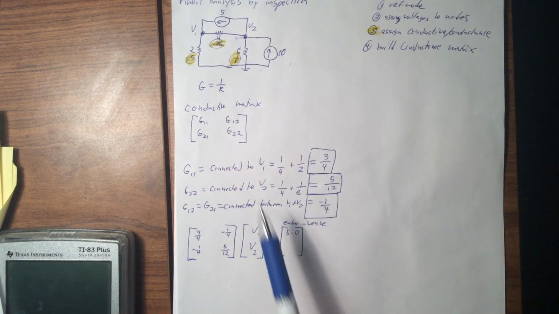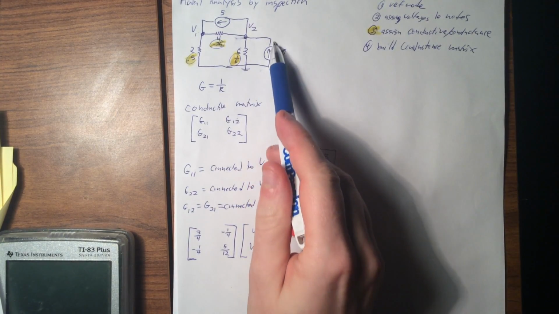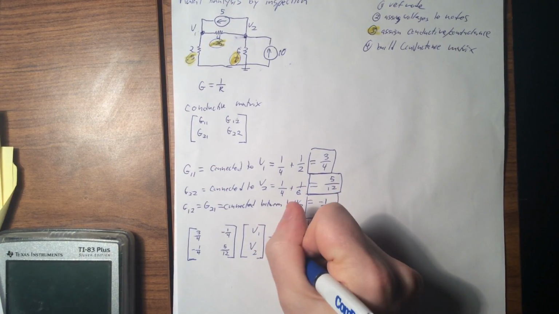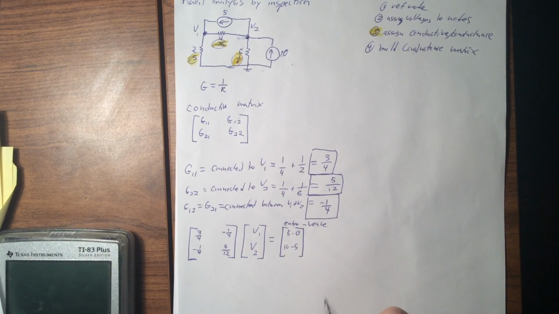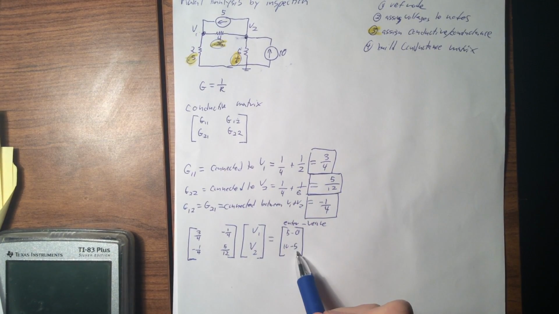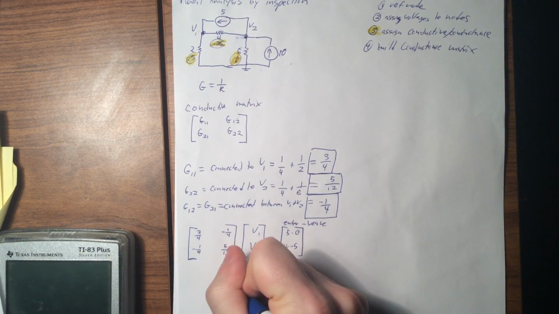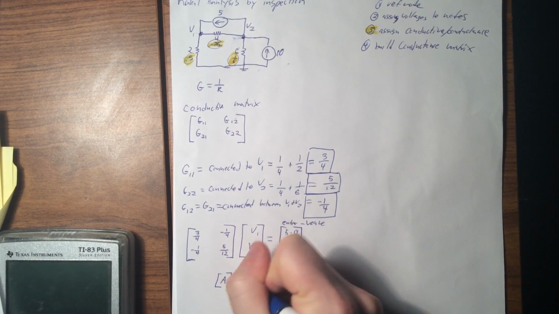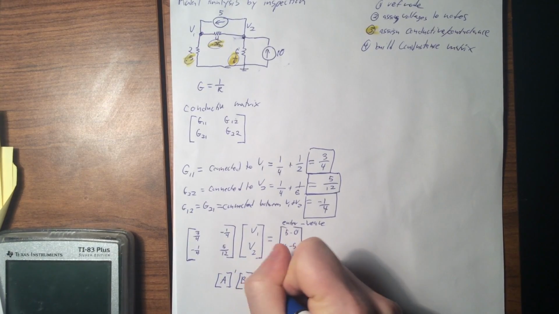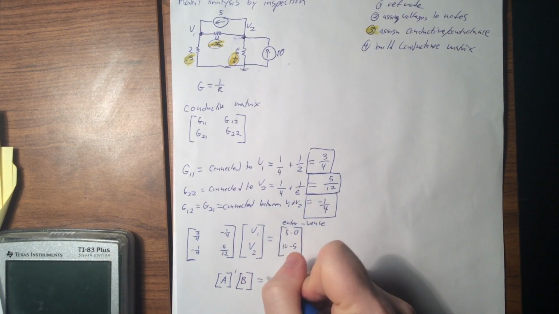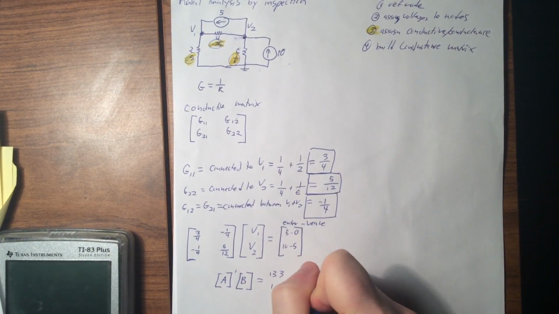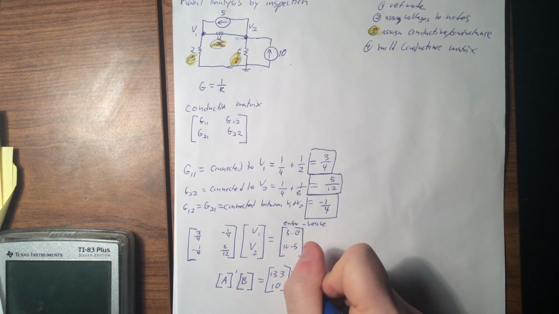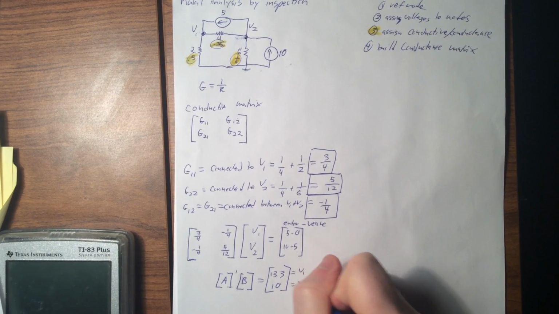And then for V2, we've got a 10 coming in and a 5 coming out, so this is 10 minus 5, which is 5. So we can take A inverse times B and get 13.3 and 10 coming out of that. That is equal to our V1 and our V2.